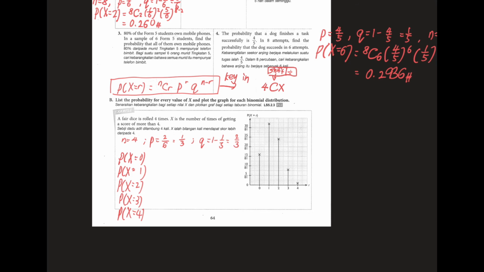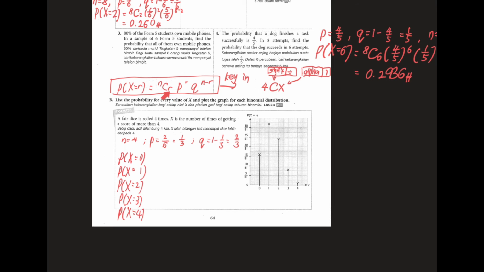Then how to press X for my calculator? It is alpha close bracket. You can see there is a red color X on that button. So after you press, you will see on the calculator 4Cx.